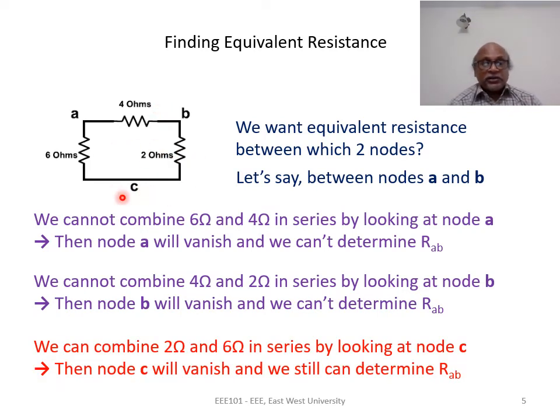If node C vanishes, we don't mind because to find RAB, we need node A and node B. We do not need node C. So, in this circuit, this combination of 6 ohms and 2 ohms is permitted.